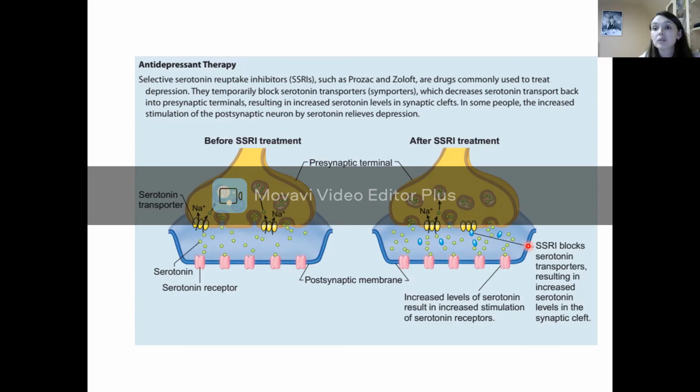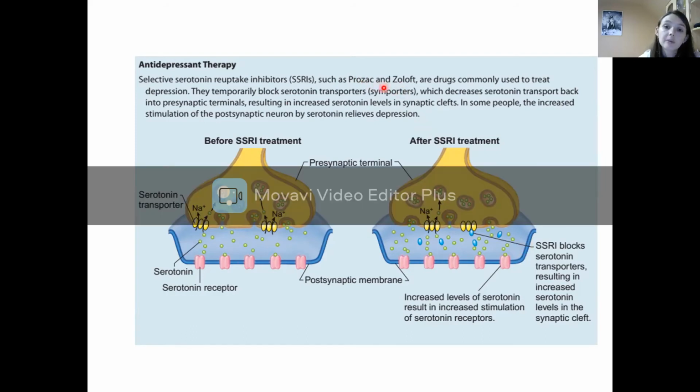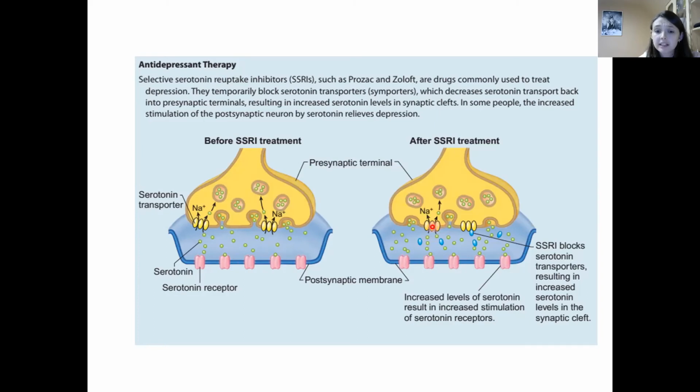And this will lead to an increase in the mood of the person, and reduce anxiety and depression. Examples of such drugs are Prozac and Zoloft. These drugs will block serotonin reuptake. They will inhibit the serotonin transporter proteins, which are responsible for reuptake of it to the presynaptic terminal.